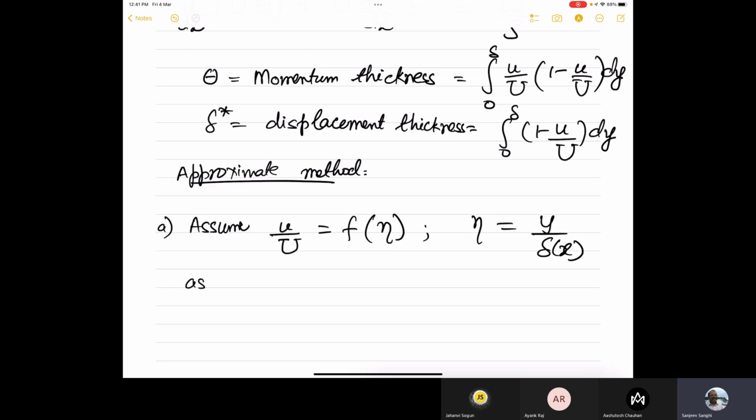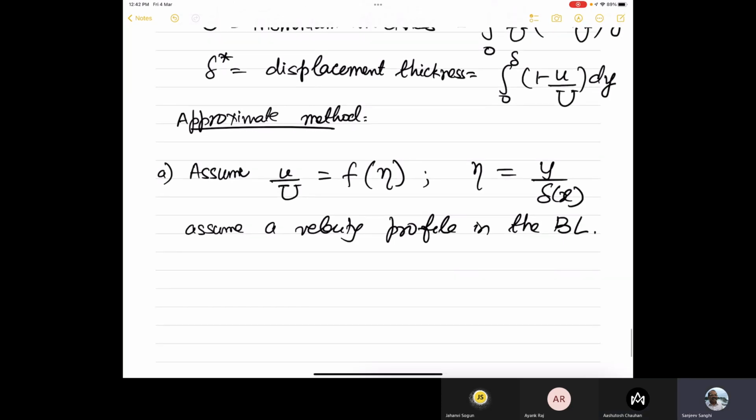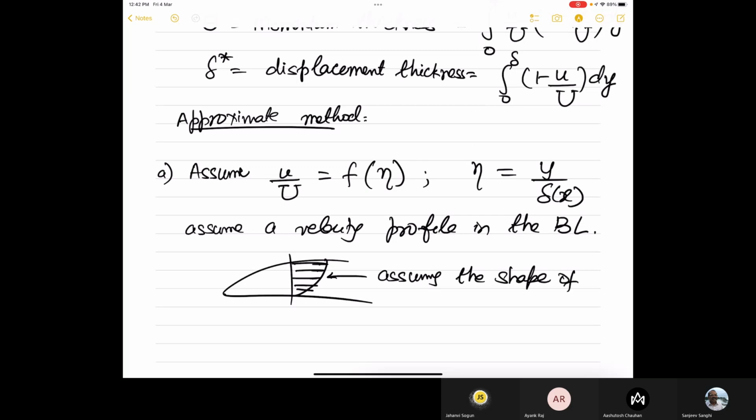We assume a velocity profile in the boundary layer. If we have a picture like this, we are assuming the shape of this profile.